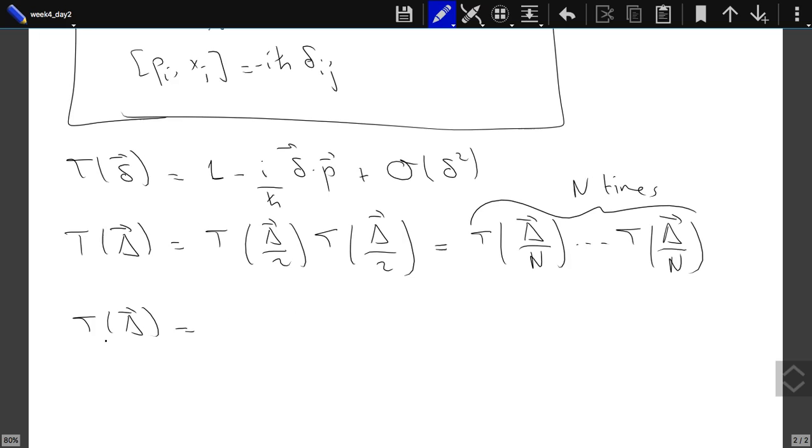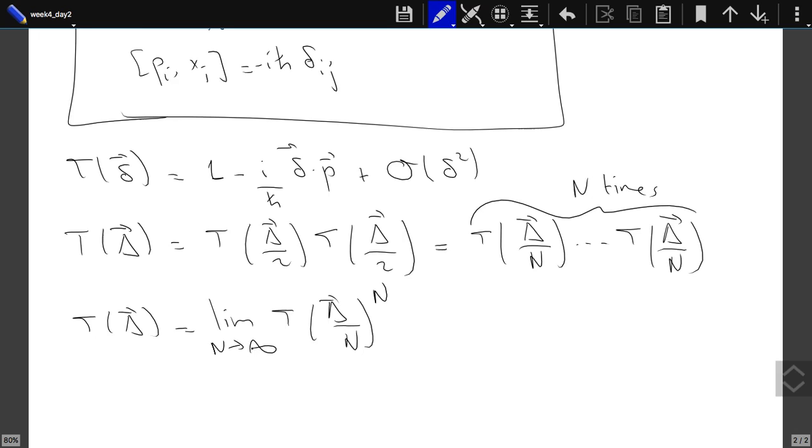Well, I can just look at T of delta is always T of delta over N to the power N. This equality holds for any value of N. So it should also hold if I take larger and larger values of N. But for N sufficiently large, that capital delta over N is a very, very small displacement.